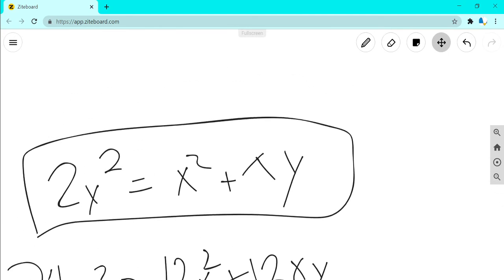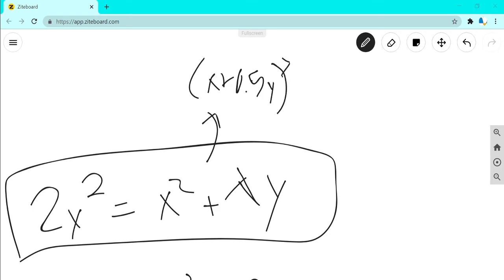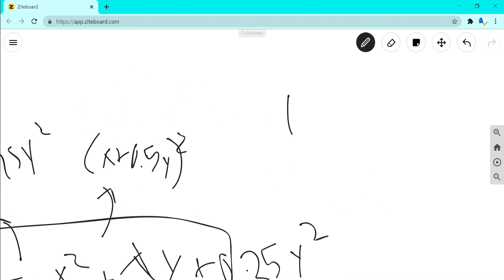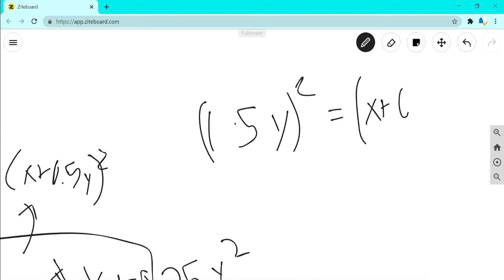Now we need to try to factor this in some way, so we're going to complete the square. We can make this x plus 0.5y squared, so we add 0.25y squared to both sides. On the right side, you're going to get 2.25y squared, which you may know is 1.5y squared, equal to x plus 0.5y squared.